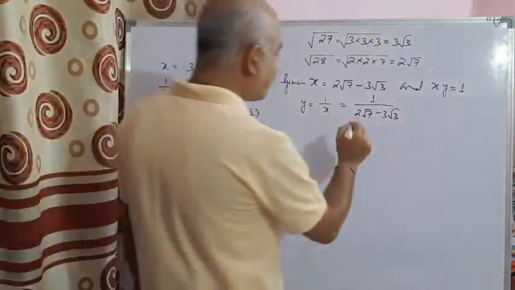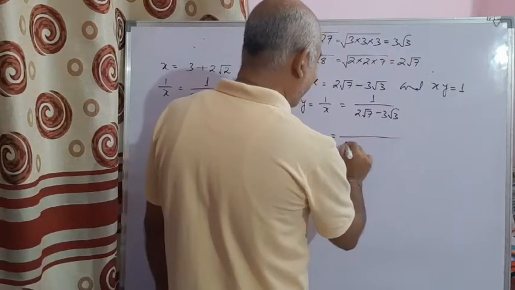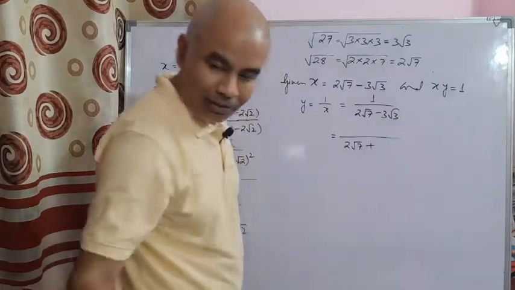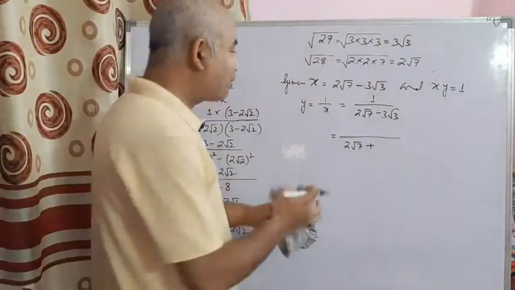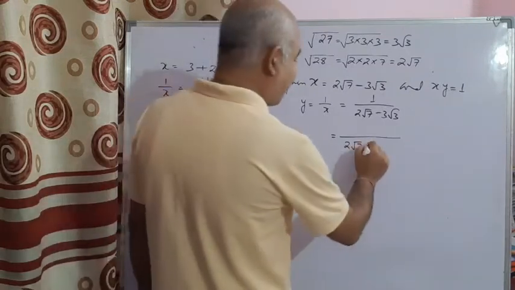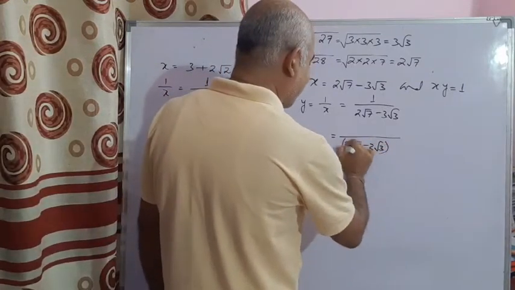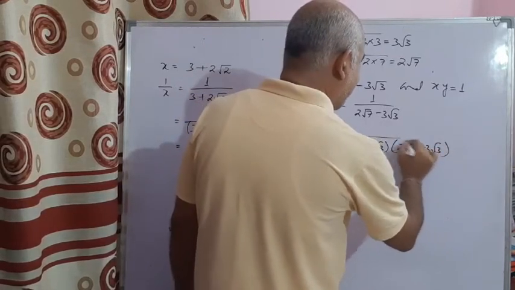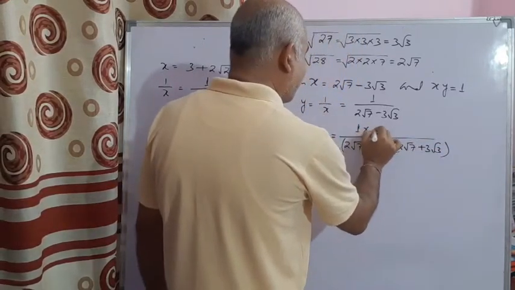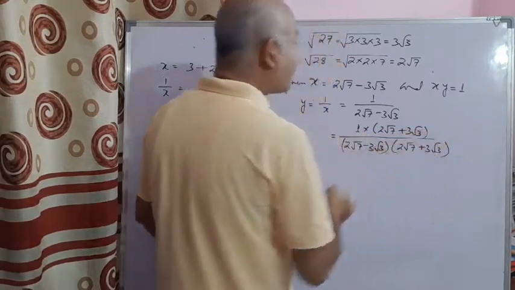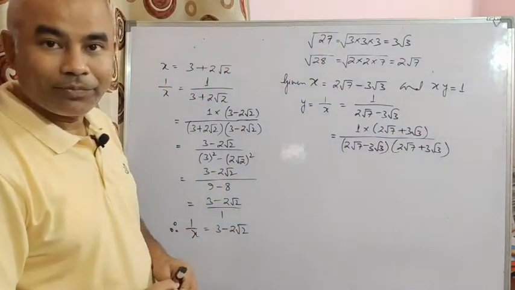If I rationalize this, I need to multiply by its conjugate. The denominator is 2 root 7 minus 3 root 3, so I need to multiply by 2 root 7 plus 3 root 3. The same thing I have to multiply with the numerator 1.